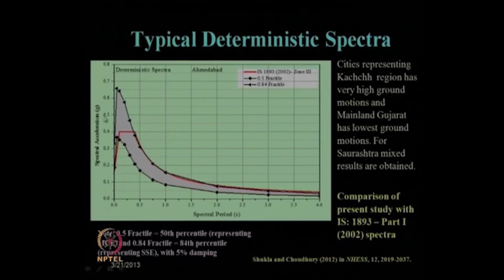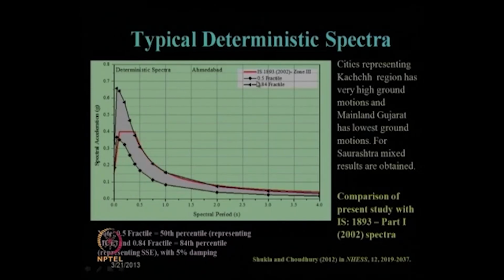This is for spectral acceleration in g versus spectral period. The red line shows the deterministic spectra as per the IS code, and the other two show two different data sets. What are those data sets? Deterministic spectra for Ahmedabad city.